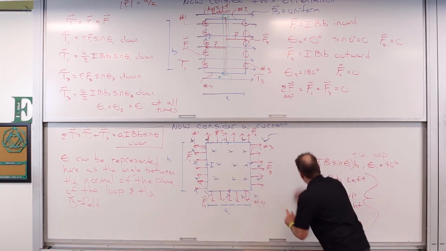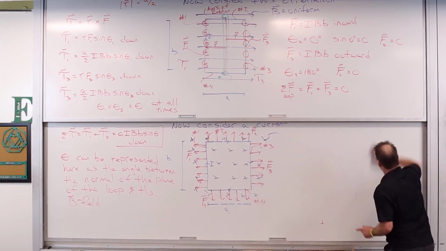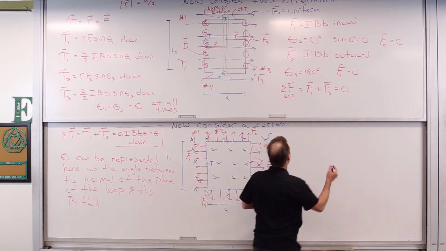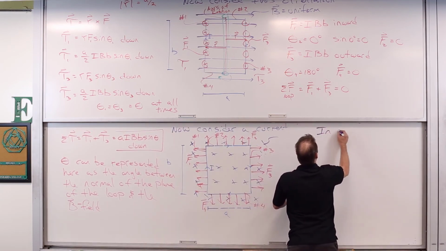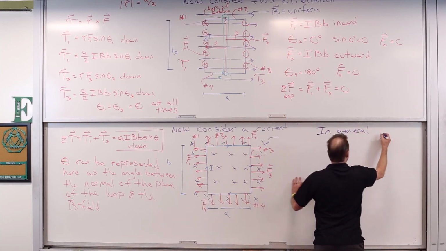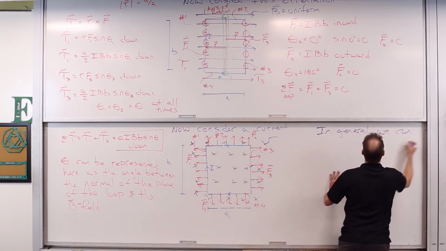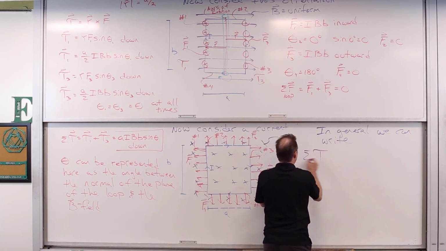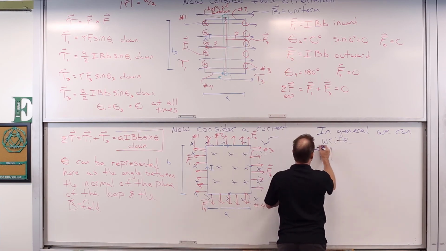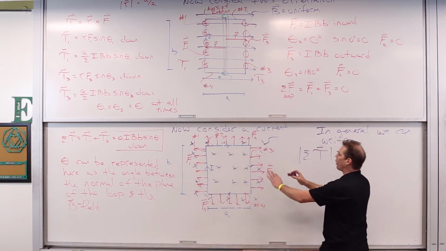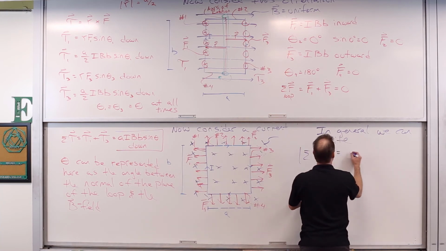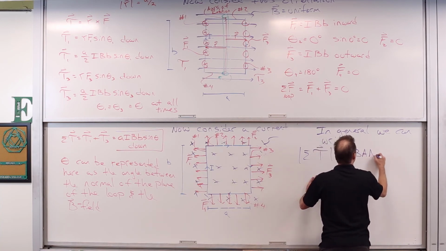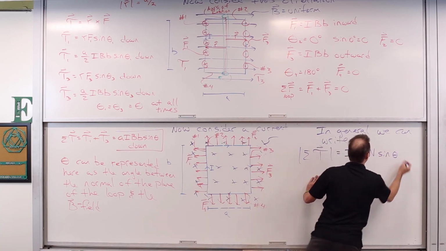Well, it turns out that we can rewrite this in a slightly different form and say, in general, we can write that the net torque, in terms of its magnitude, for a current loop immersed within a magnetic field is equal to I, B, A, N times the sine of theta.